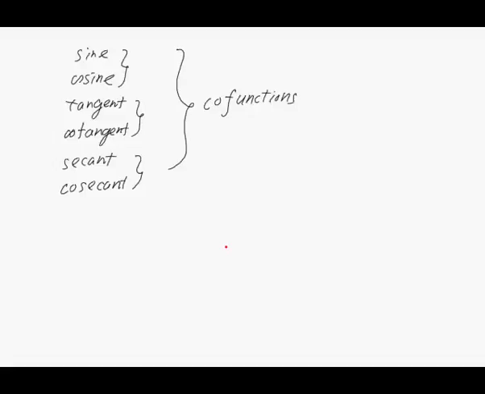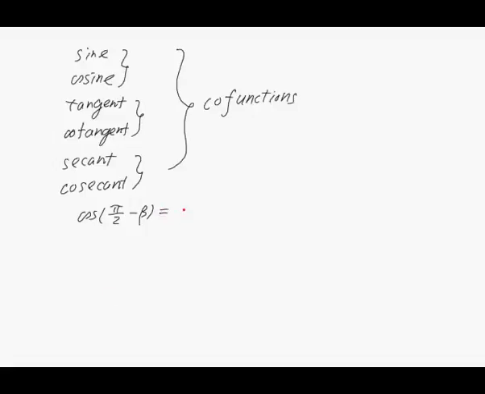So now, let's try to derive the identity for cofunctions. Let's begin with the cosine of half pi minus beta, and use the cosine of a difference.